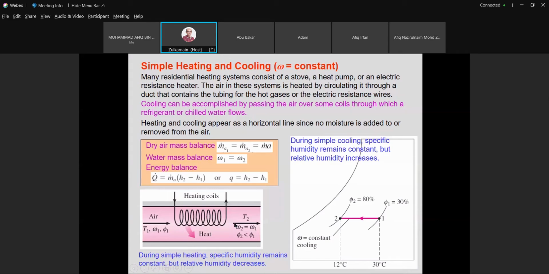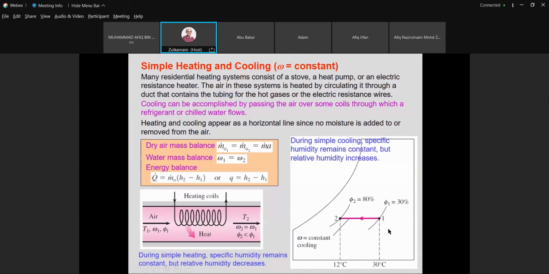Okay? So if you look at this process 1 to 2, let's say it begins at 30 degrees and then it's going to be, this is not heating, this is cooling. Okay, this is a cooling process. You see the decrease in the temperature. So this is point 1, this is point 2.